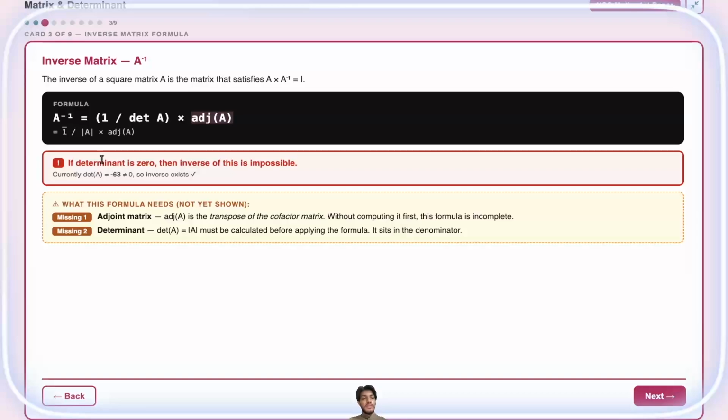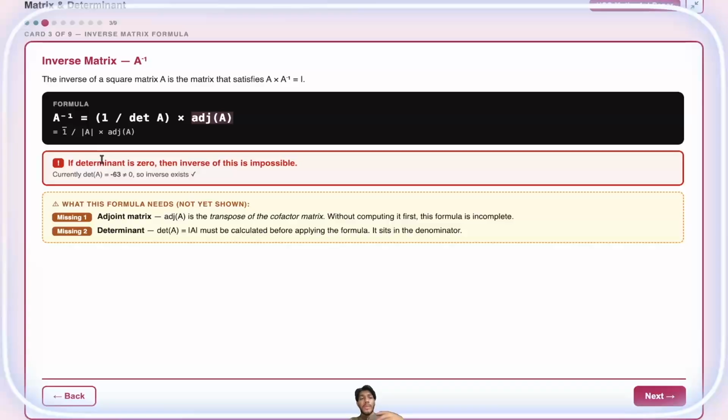And there's a red line that you cannot cross. The red line is that the determinant of the matrix cannot be zero, because if the determinant is zero, then the matrix is singular, and a singular matrix has no inverse matrix.